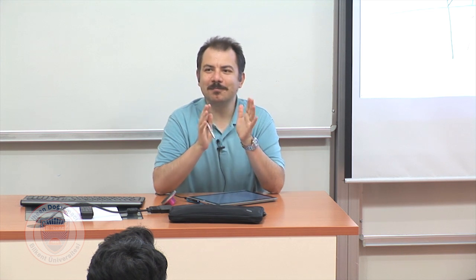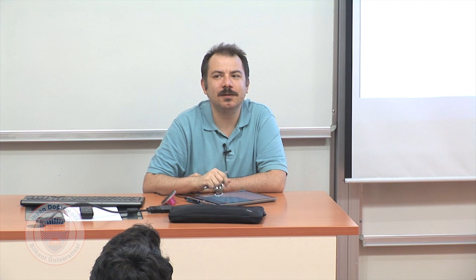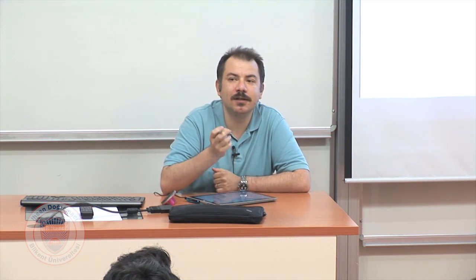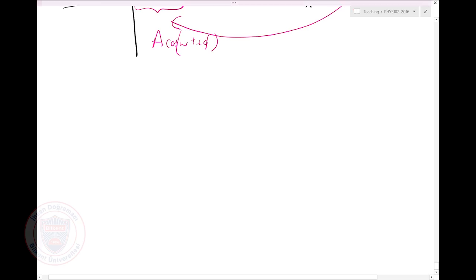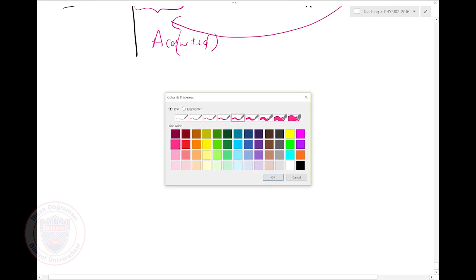Maybe not super clear right now, but let me go over each of my circuit elements and how they respond to an alternating current passing through them. We've done this once, but let's do it again.